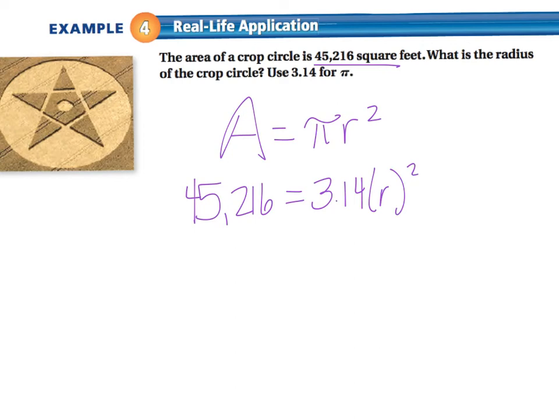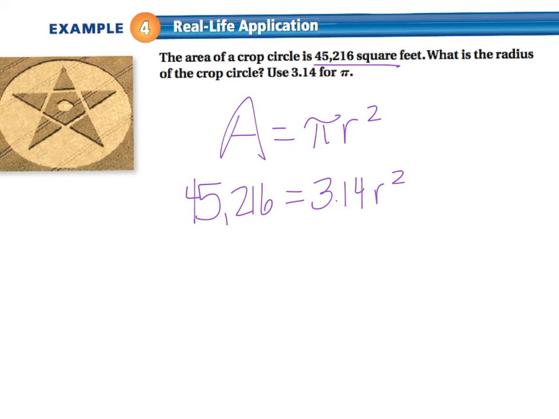Now, we don't actually need these parentheses. We can just leave it as r squared. Now, you might not know how to solve this equation. We're going to actually learn that after this chapter. But really, as TAP students, you should be able to figure out, okay, I have to undo stuff.